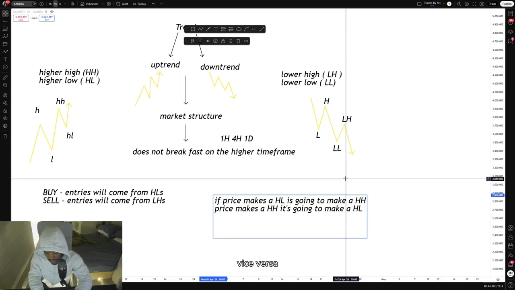Vice versa. If price makes a LH, it's going to make a LL. So I'm just typing this all out for you.